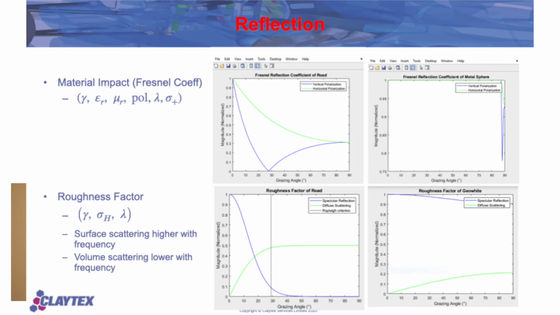The higher the frequency, the lower this diffuse reflection will be. So by working at 77 gigahertz, we're sort of in the middle where the diffuse reflection is low enough.